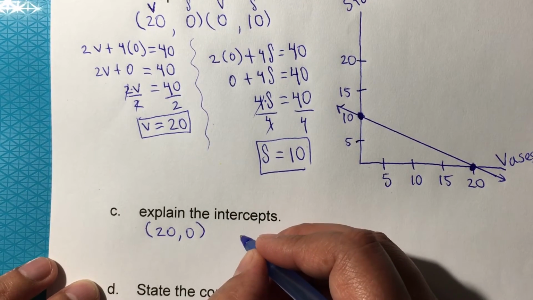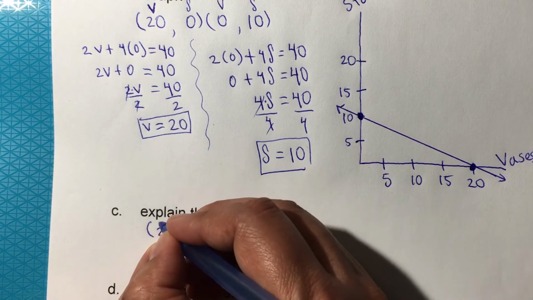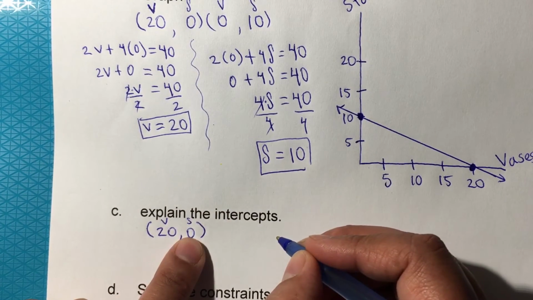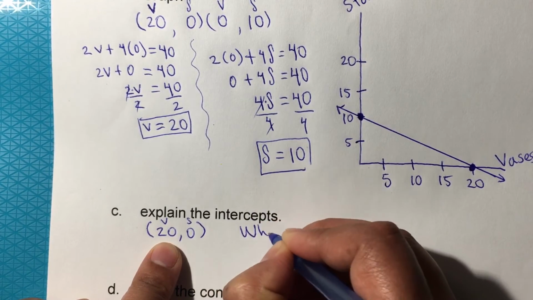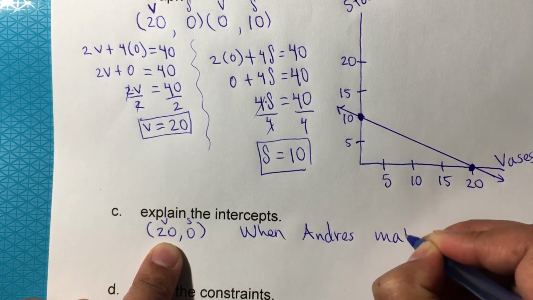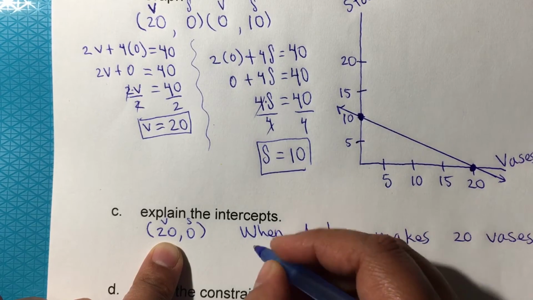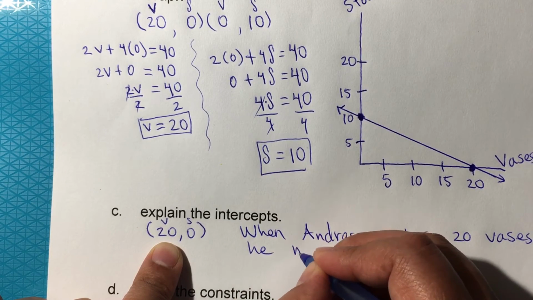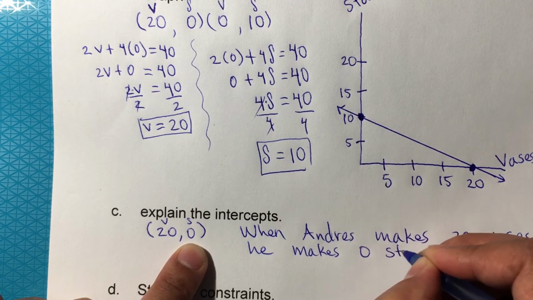It represents that when Andres makes 20 vases, he cannot make any statues. So when Andres makes 20 vases, he makes 0 statues.